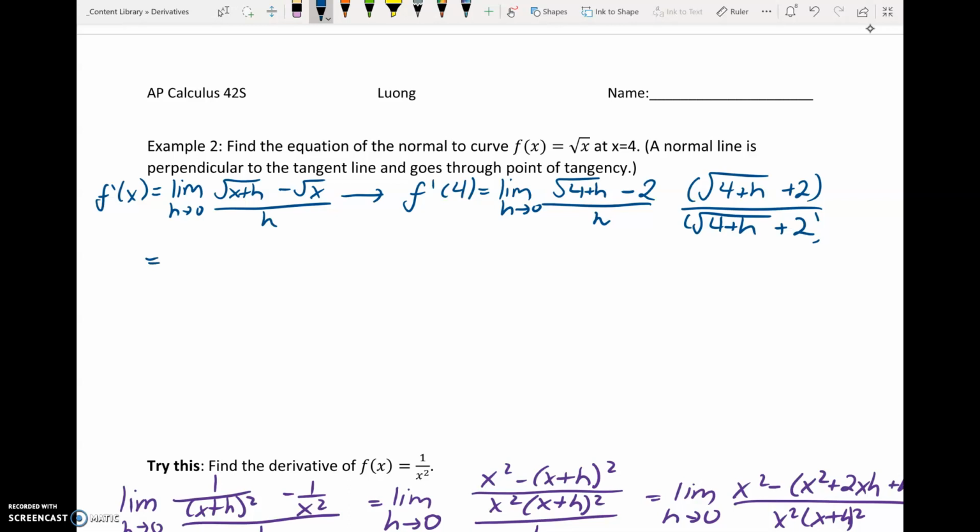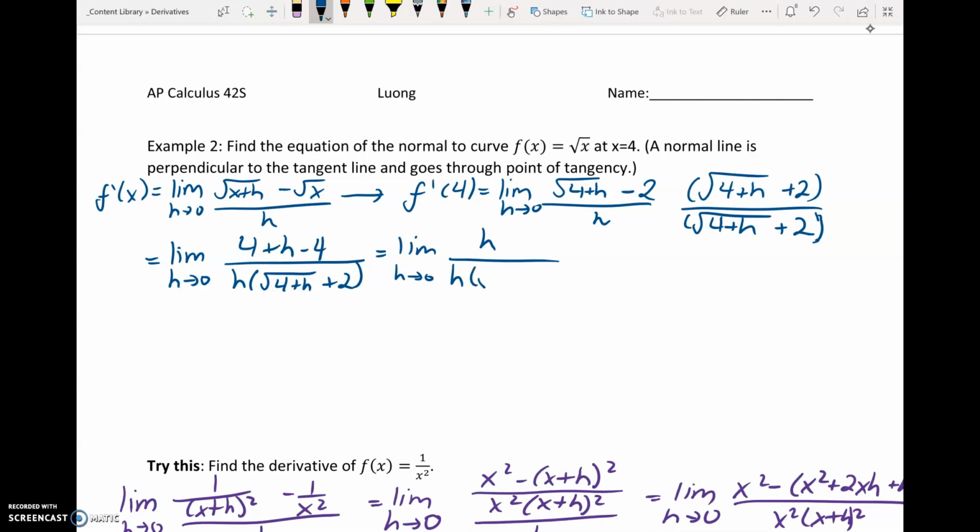Then we'll multiply across and simplify. I'm leaving the denominator alone. Okay, so now we are just left with h at the top.